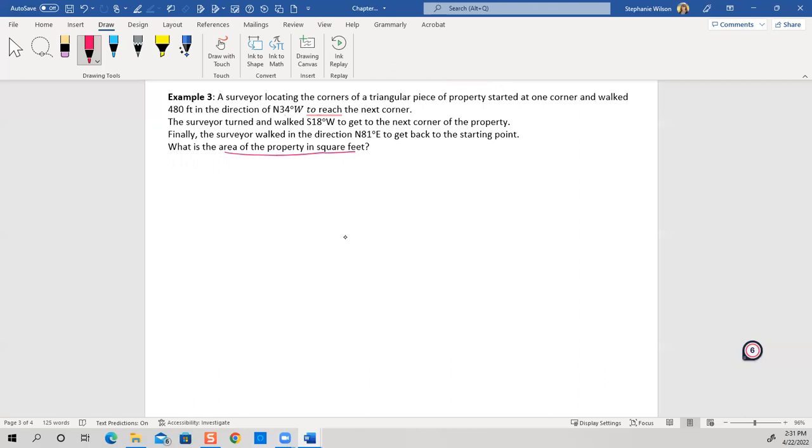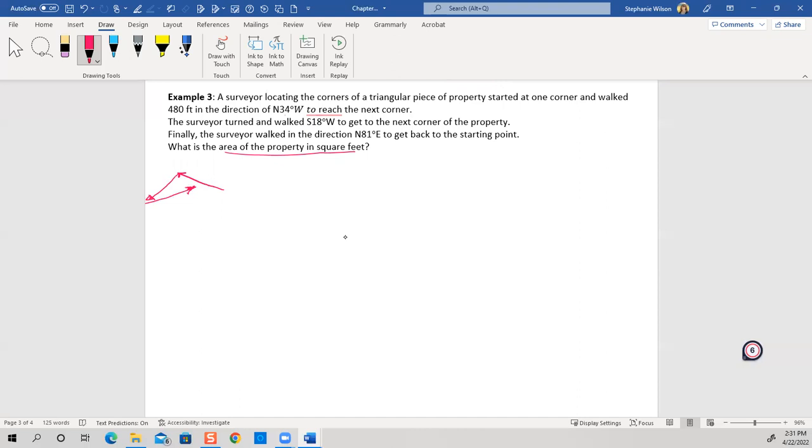The bearing of a ray is the acute angle the ray makes with a ray pointing north or south. So whenever we're drawing, it said northwest. A ray means we're just going to put an arrow showing that it's going in that direction. And from there, it's going southwest. And then from here, it went northeast. See that?